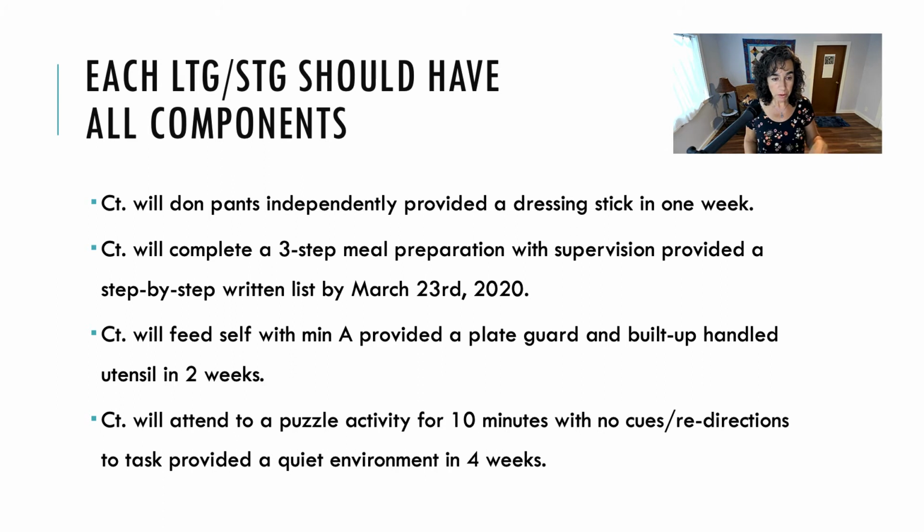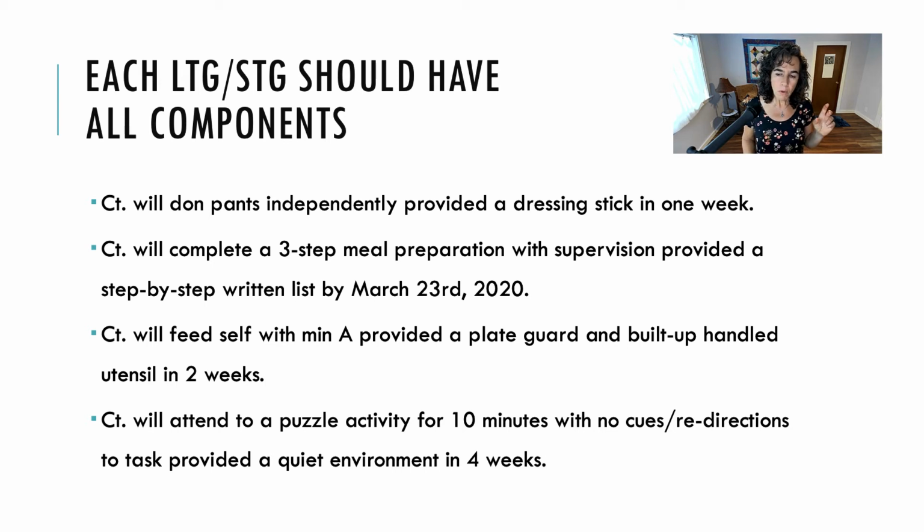And you can read the rest of them, but notice that they have the client. Sometimes it can be the name of the client. They have the terminal behavior or the occupational performance listed. And they also have any condition like a step-by-step written list, built-up handled utensil, etc. And all of these have it. Again, you don't need it. And they have a time frame.